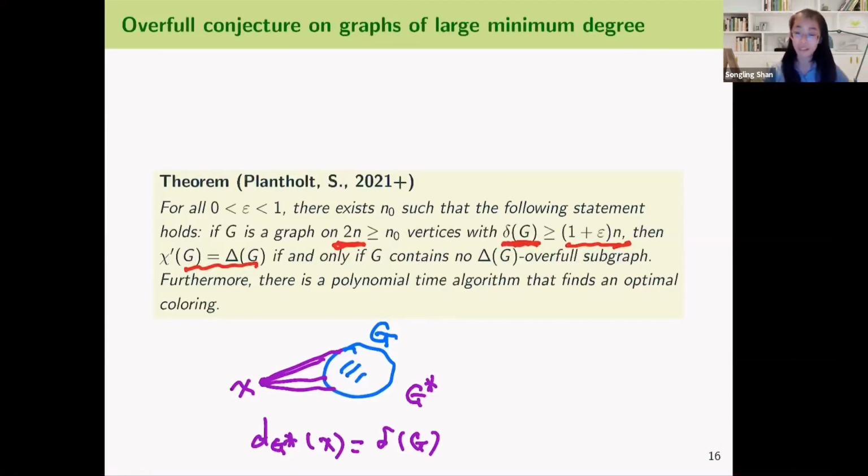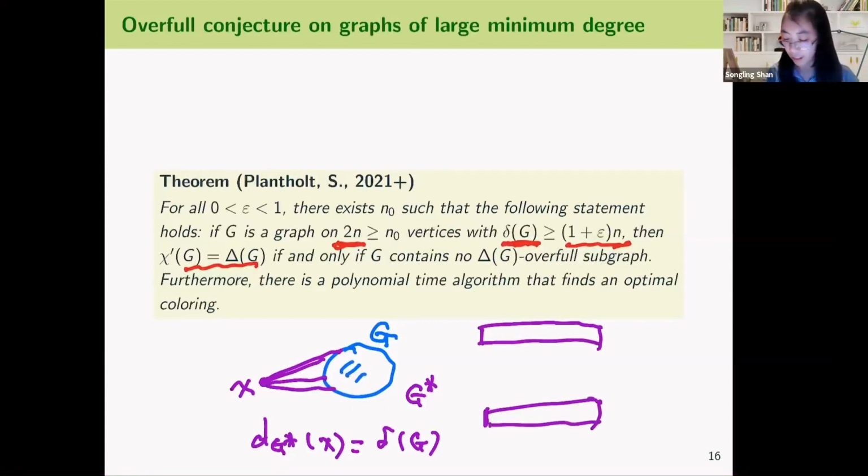Once we get a regular graph, the process is we have a random partition of the vertices into two parts, A and B, such that for every vertex, the degree of this vertex in its own part is approximately the same as the degree of this vertex in the other part.